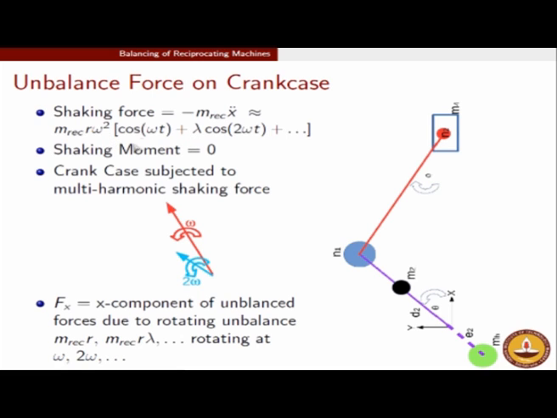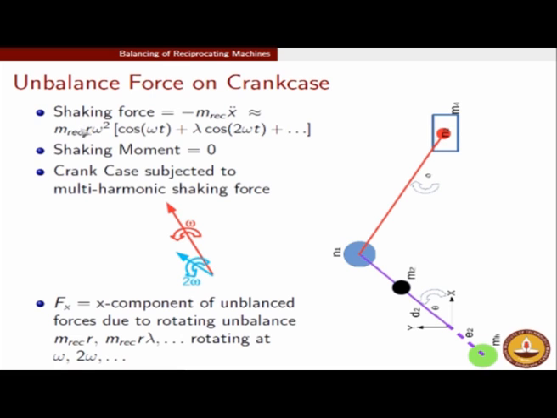So at this stage we will try and interpret this shaking force in another way. We are seeing that it has a cos omega t component and a cos 2 omega t component, which means this term is like a rotary unbalanced term. m omega square r is the force that is created due to rotating unbalance, but this time you are multiplying it over cos omega t and cos 2 omega t with the lambda term. So the total shaking force is along the x component of these rotating vectors.